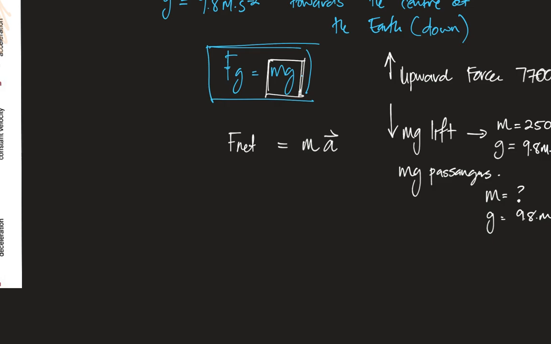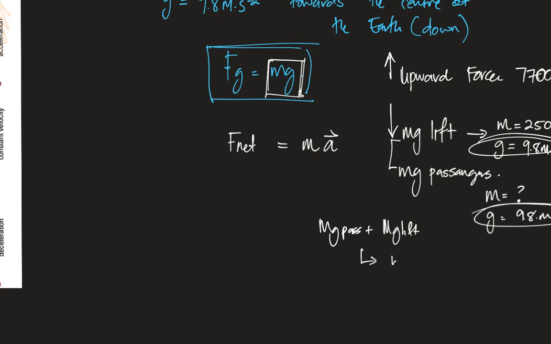So between the two, I know the g has to be the same. Now if I add up mg of the lift plus mg of the passengers, that's going to give me the weight.